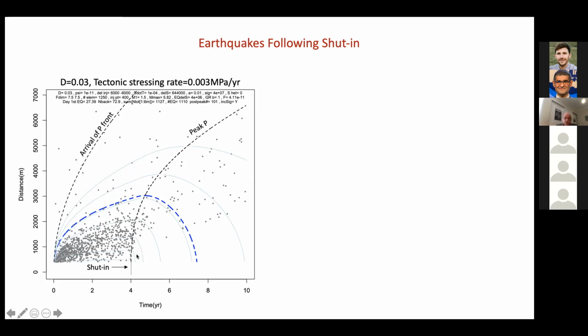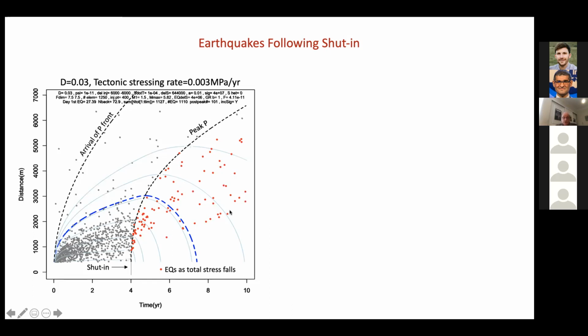First, notice that there's a gap in this area with no earthquakes following shut-in, but there are these earthquakes that occur as the fluid pressure is falling. In fact, the fluid pressure is falling faster than the tectonic loading in this case. So in all cases, except for these 2 events right here, these earthquakes are occurring as the stress is dropping.